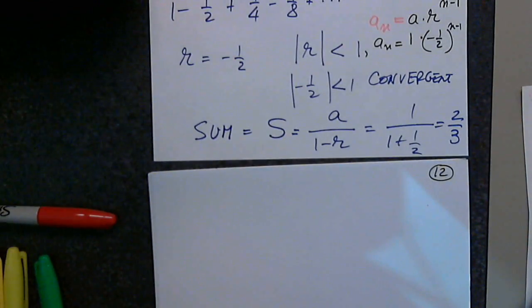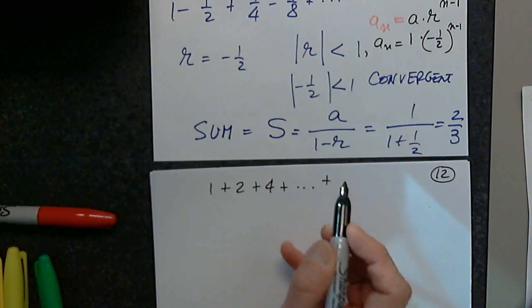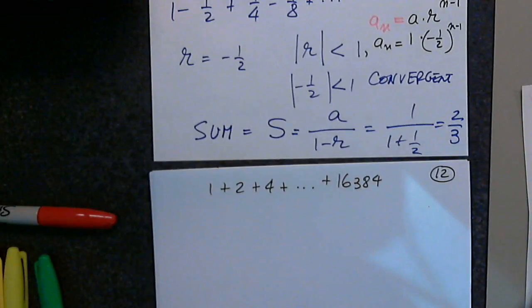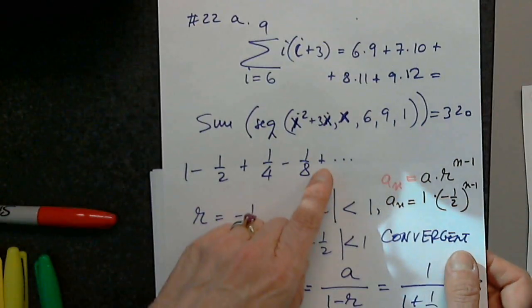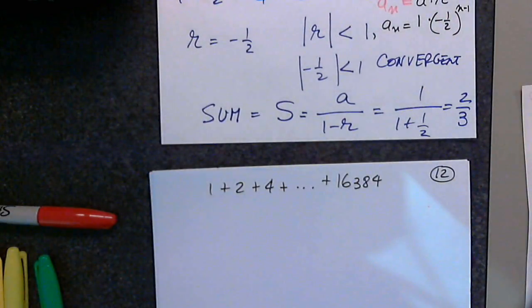So we're asked to find the sum, which is 1 plus 2 plus 4 plus ... plus 16384. Now the first thing that I have to say to myself is, since there is no, like here, plus or minus ..., I am not talking about a geometric series.